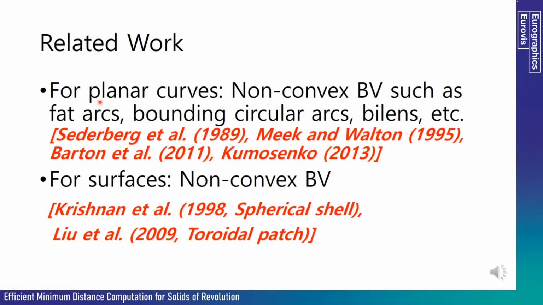In the case of planar curves, non-convex bounding volumes have been used quite extensively in many algorithms. For surfaces, there are only very few previous results using non-convex bounding volumes. In Liu's previous work, toroidal patch had been used for a precise approximation of freeform surfaces. In this work, we suggest the toroidal patch as a non-convex bounding volume.